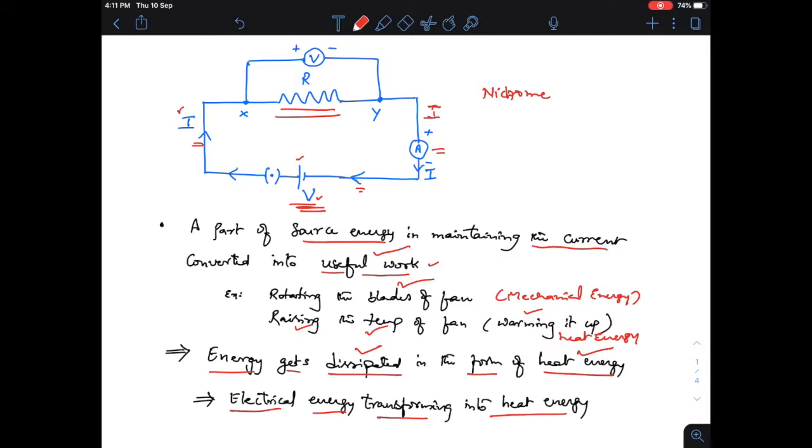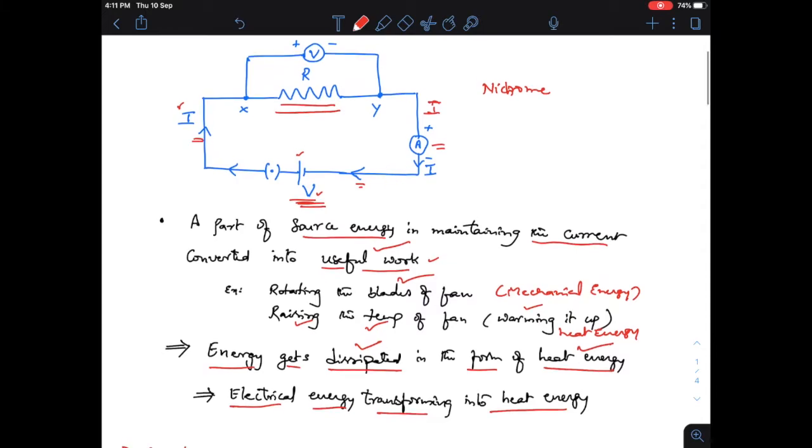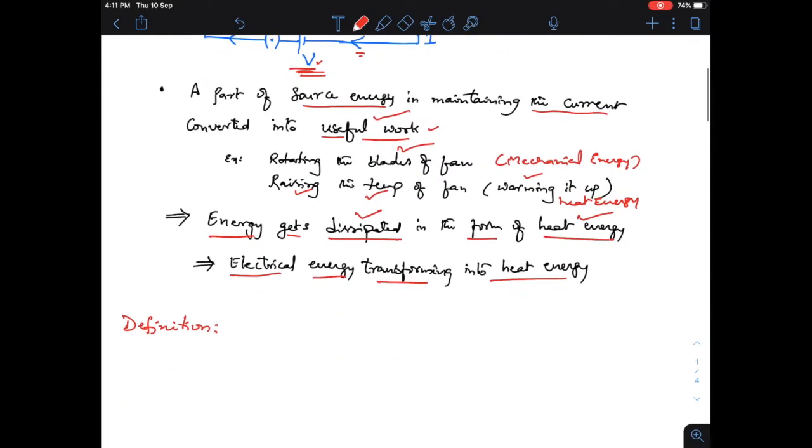Now, you might have seen certain filament bulbs which become very red hot. So, essentially what is happening is a transformation of electrical energy into heat energy.